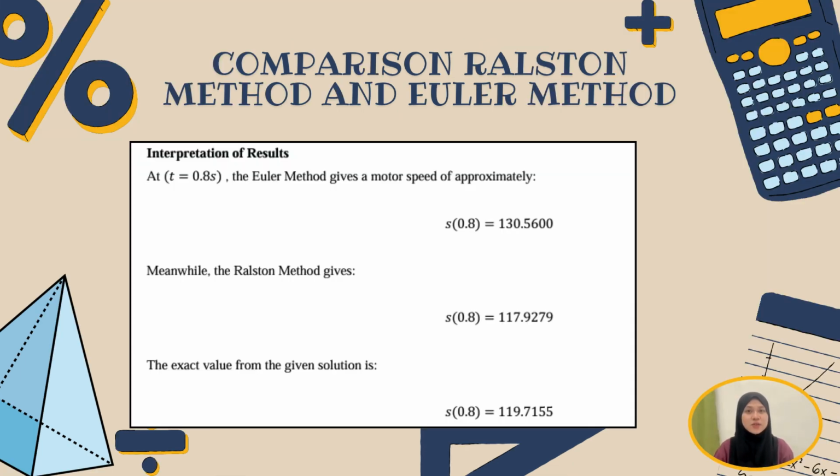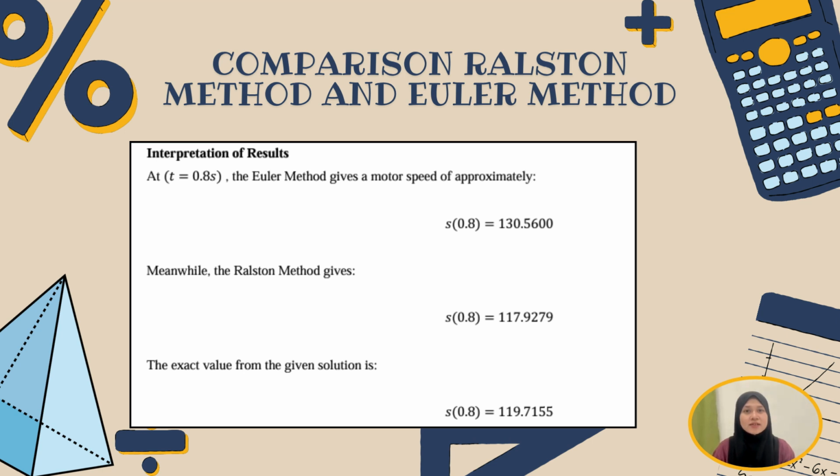Next is the comparison of the Euler method and the Heun method. At t equal to 0.8, the exact solution for the DC motor speed is 119.7155. Based on our findings, the Heun method is significantly more accurate than the Euler method. The Heun method managed to approximate the speed at 117.9279 with a very low error of only 1.49%.